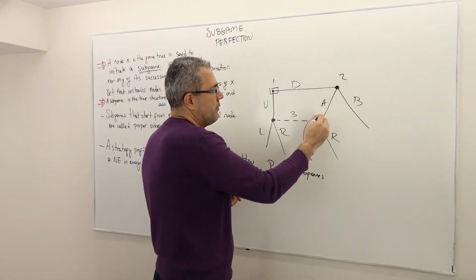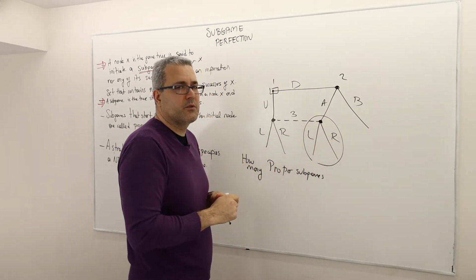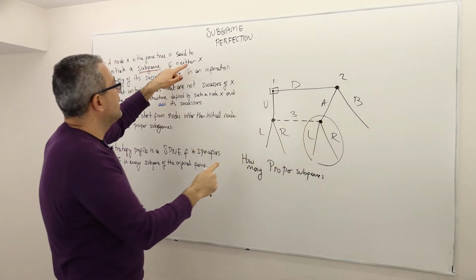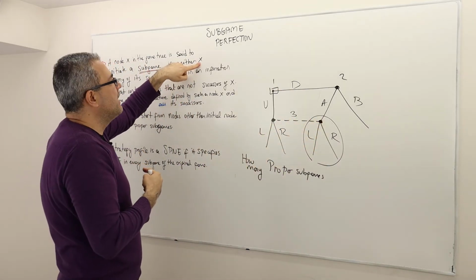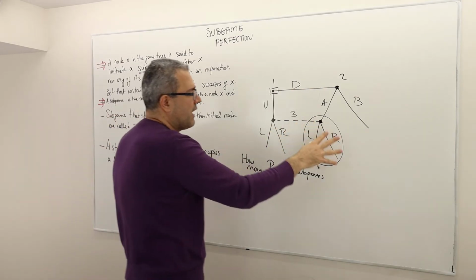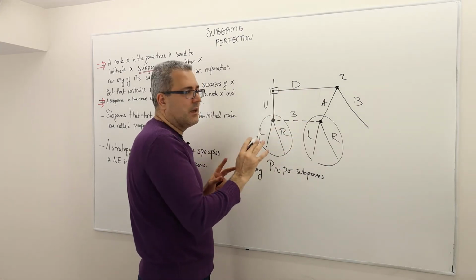So for example, this is not a subgame because you're breaking the info set, meaning this decision node, this is X, in a sense, in an information set that is not a successor of X. Exactly the same reasoning, this is not a subgame.